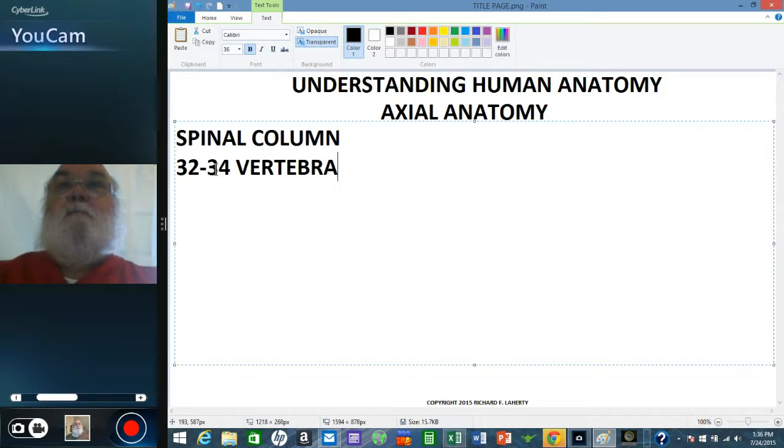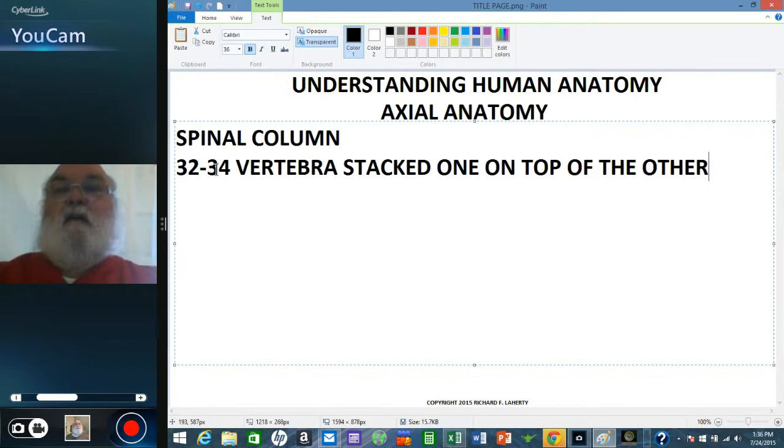Now, these vertebrae are stacked one on top of another. And this is sort of like a stack of poker chips.